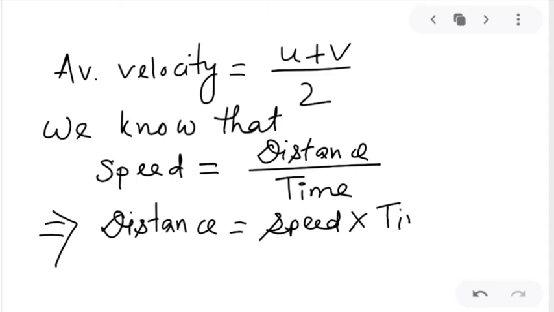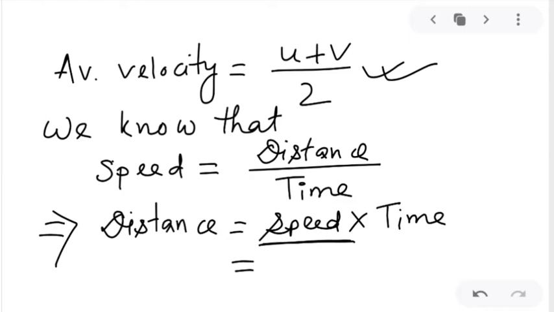This speed is here the average speed. When the body is moving with the average speed from the beginning, the average of these two, how much distance will it cover? In average velocity also, it is total distance by total time, so it covers the same distance as a whole.